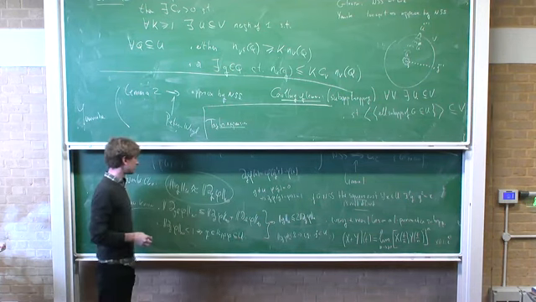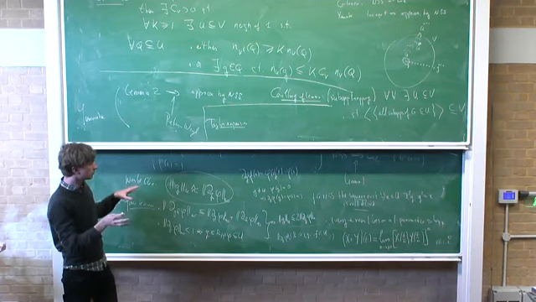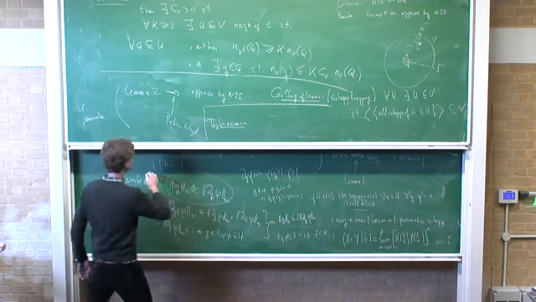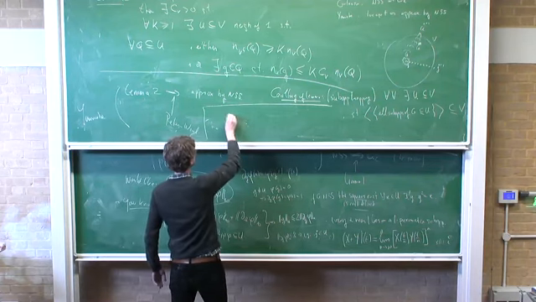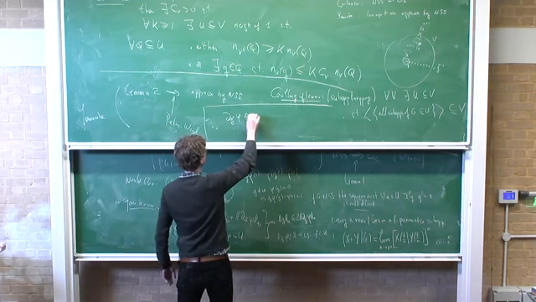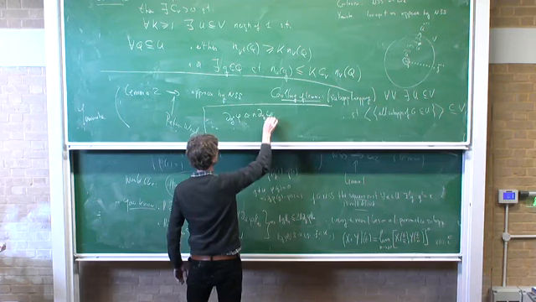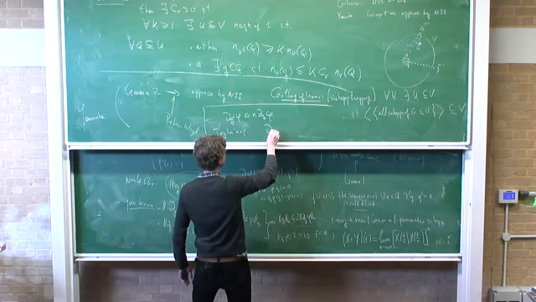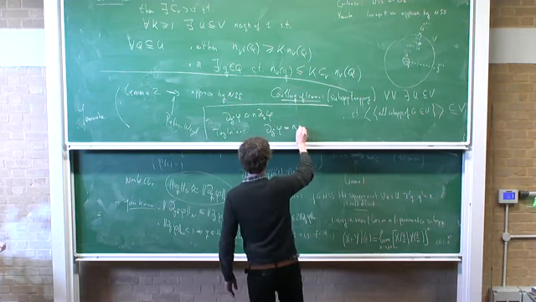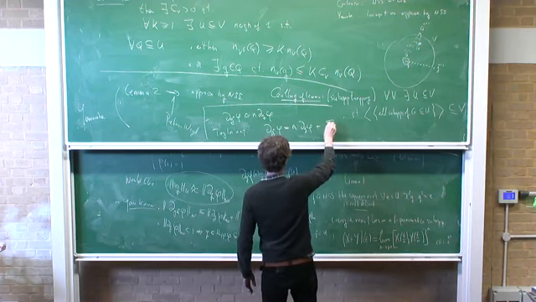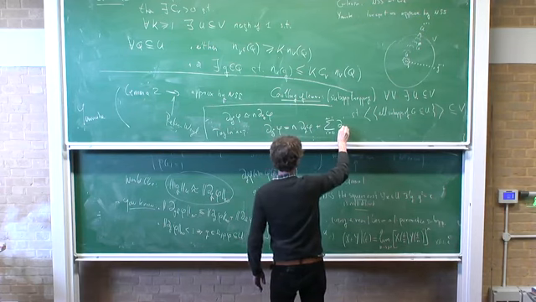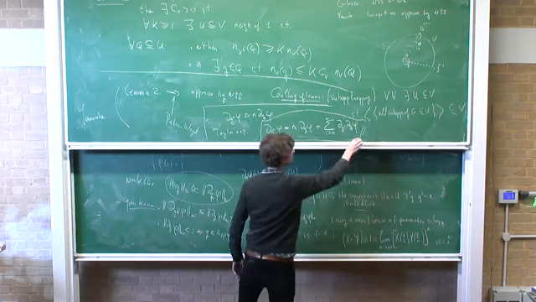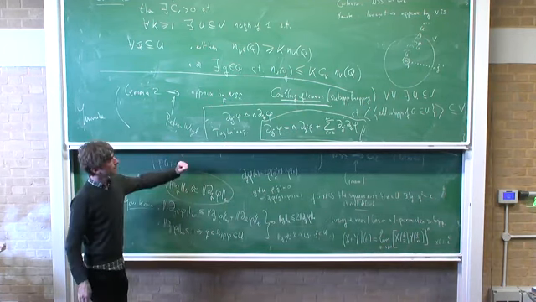If you knew that everything was, let's say, C2, then it would be easy to show that delta g to the n phi would almost be equal to n delta g phi, because you have the following Taylor expansion of delta g to the n phi, a formal Taylor expansion, which is always true.